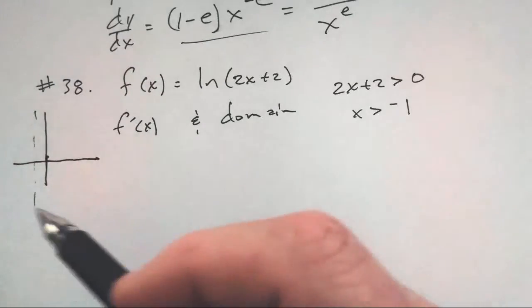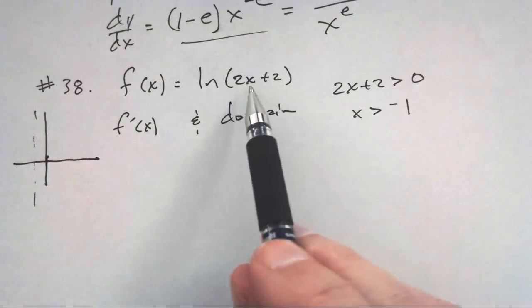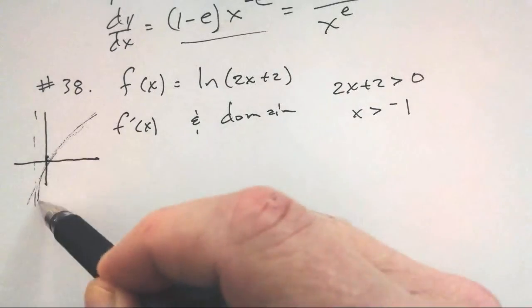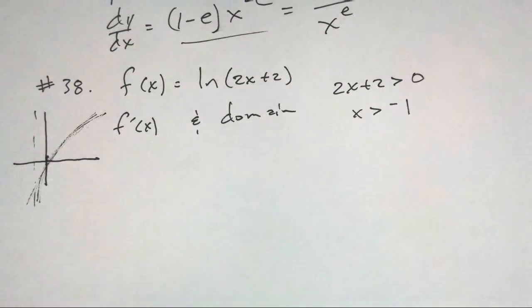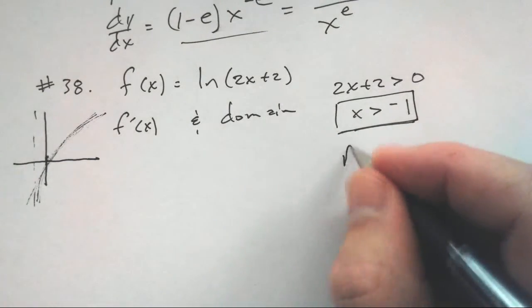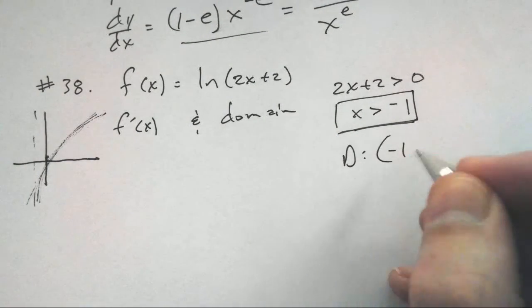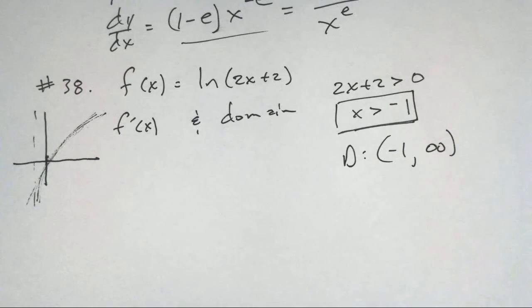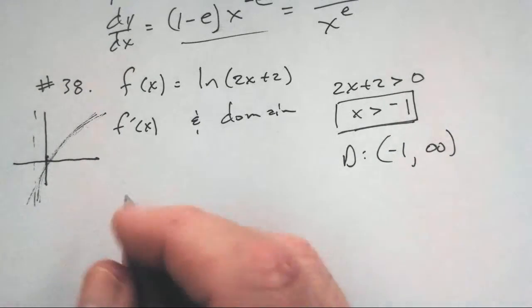I don't know exactly where this curve fits, but I know it's getting bigger as x is getting bigger. It must look something along the lines of this, and it's differentiable at any point. So I expect our domain to be negative 1, not including, up to infinity. Unless something weird happens along the way, that's what I'm going with.